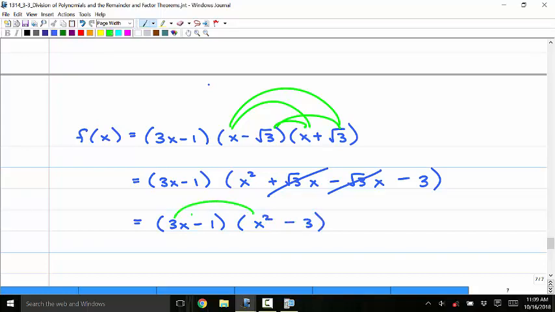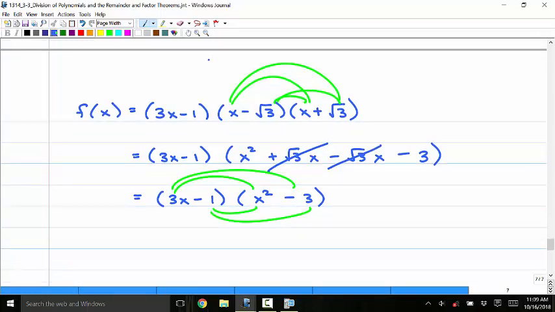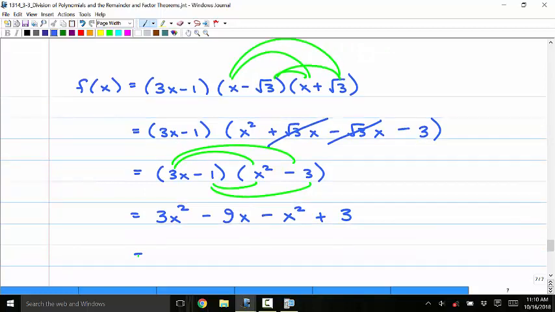Now I need to FOIL again. I get 3x cubed. Outer terms give me minus 9x. Inner terms give me minus x squared. And last terms give me plus 3. I need to write that in decreasing order.